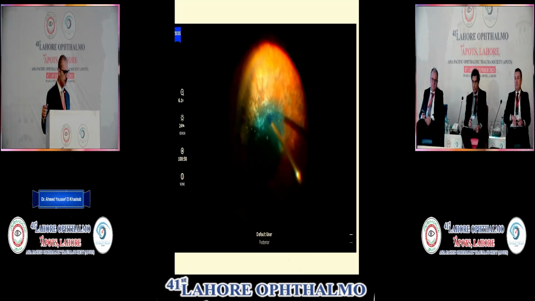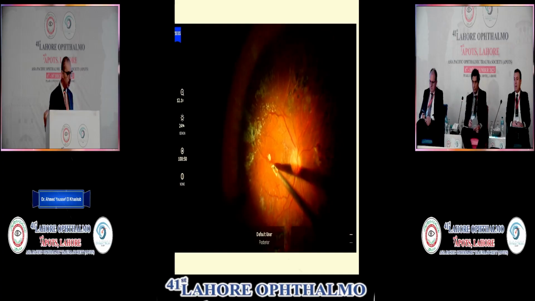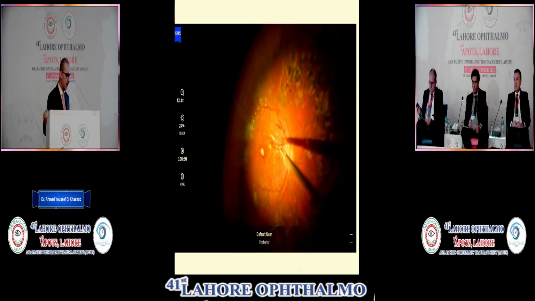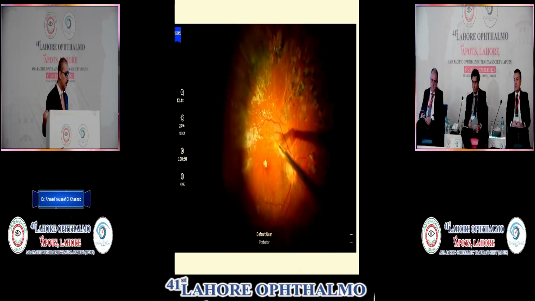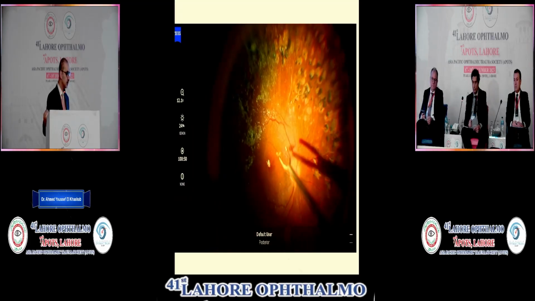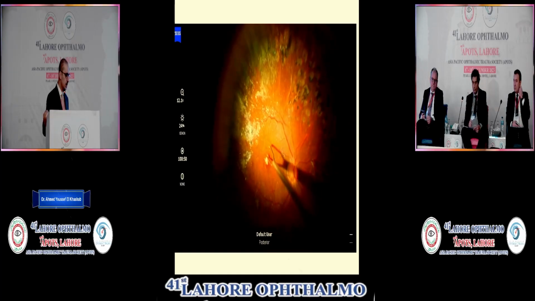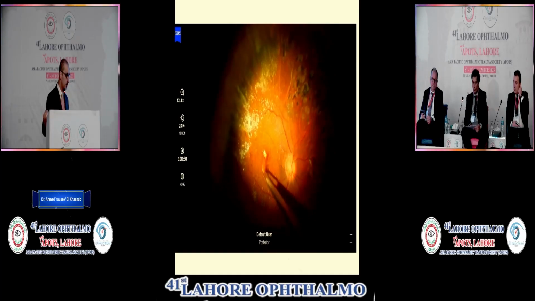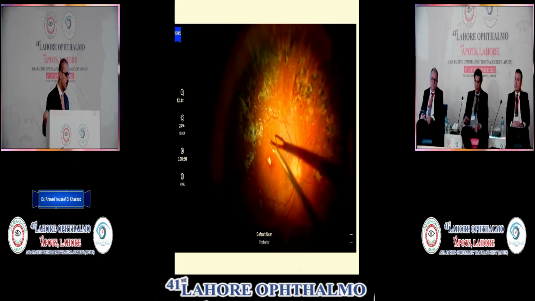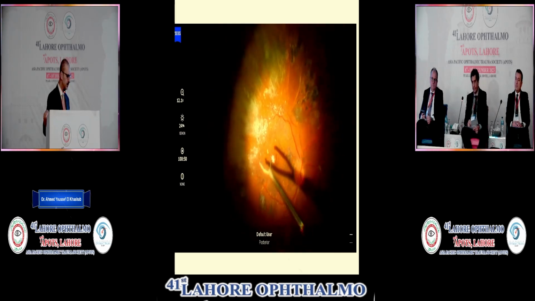This is actually a lamellar macular hole, not a full thickness macular hole. A diabetic patient with large areas of capillary dropout, but the patient started to complain too much about the central vision. So in such a case, I removed the epiretinal membrane that was there, then stained again.